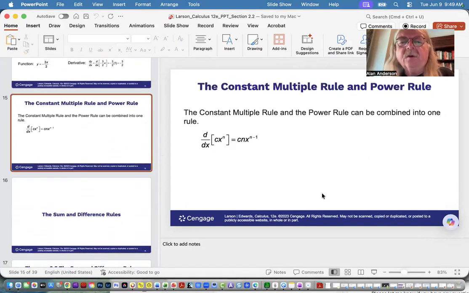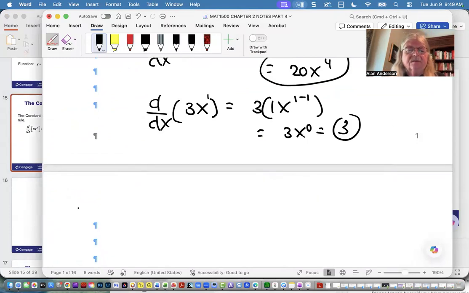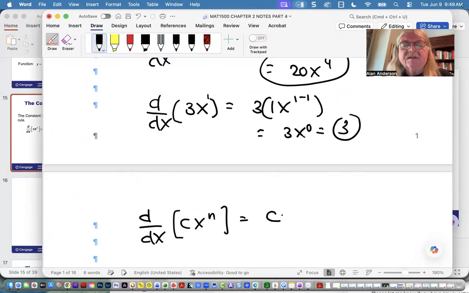And then here's where they formally combine these with the power rule. So in the specific case of the power rule, this becomes c times nx to the n minus 1.